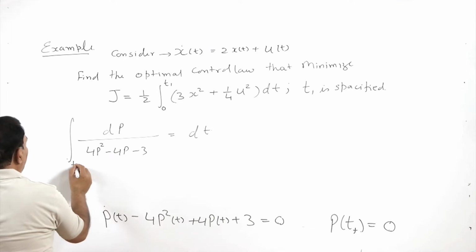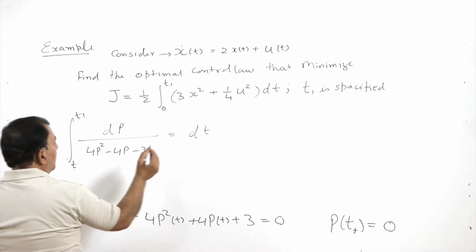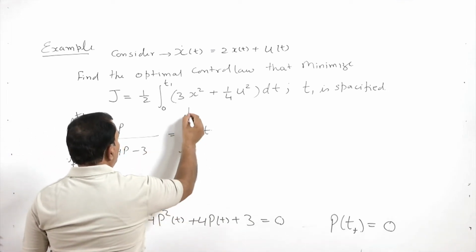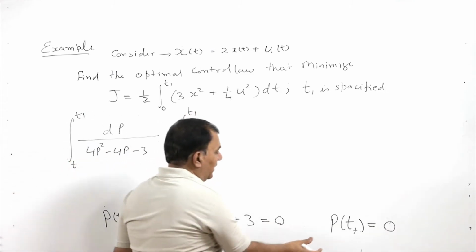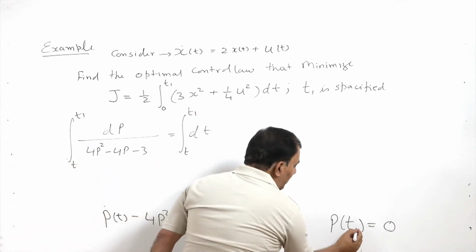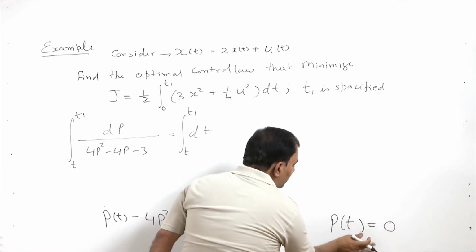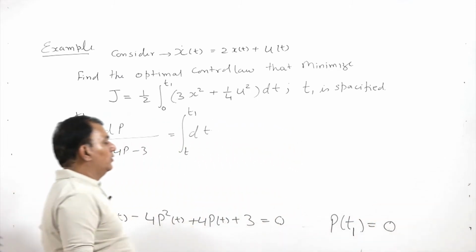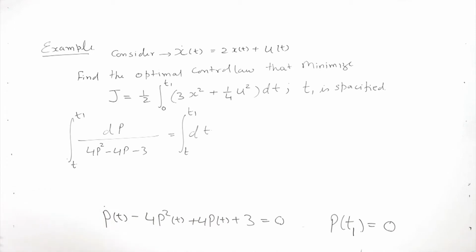This I will integrate from t to t1, as t1 is the final time. So, I can write P of t1 as 0, because F we have taken as the t1.